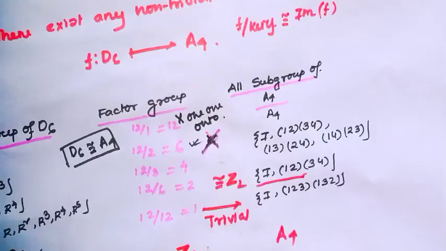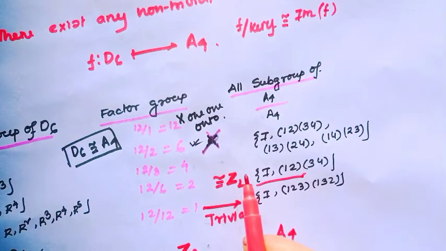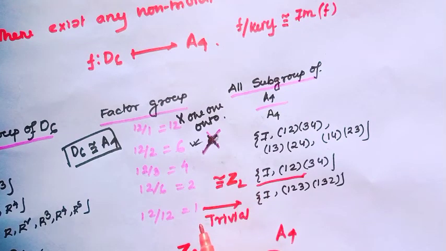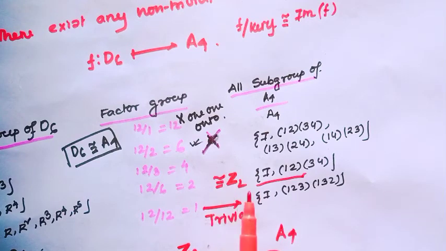Okay, now I will represent this factor group of order 4, and I have considered it at last because if you understand this factor group of order 2 and order 1, then you can understand this factor group easily. Are you getting?